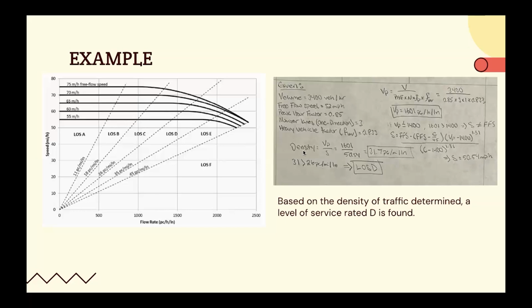The density can then be calculated based on the passenger car flow rate over the speed, which is calculated to be 31.7. 31.7 is greater than 26, and it falls in this region right here. So this would be a level of service D. Based on the density of traffic determined, a level of service rated D is found.